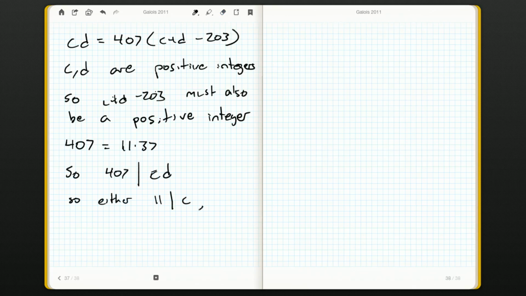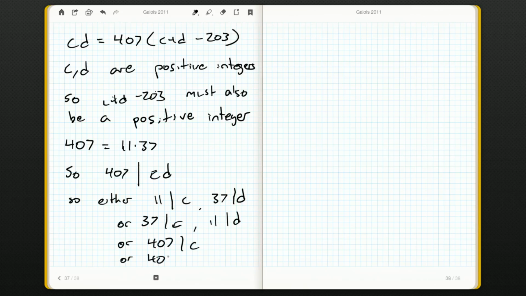So either 11 divides C, 37 divides D, 37 divides C, 11 divides D, or 407 divides C, or 407 divides D. Now we can't have either of these.